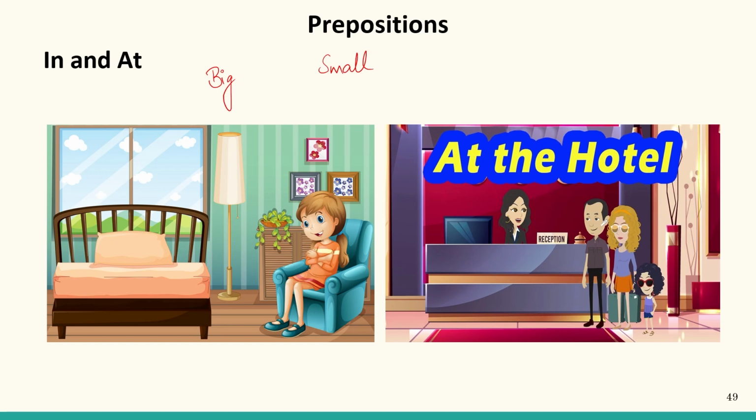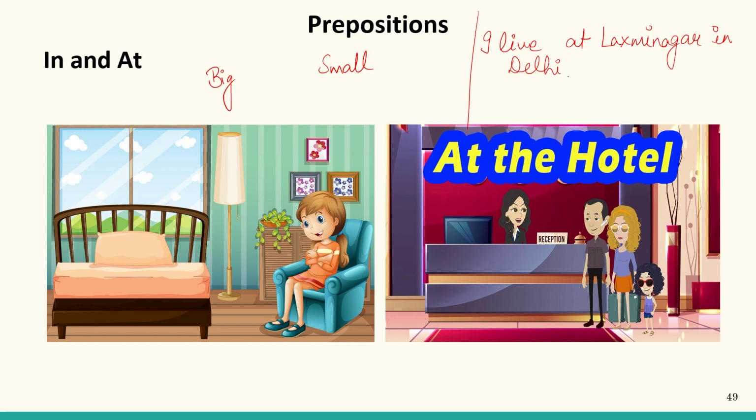In that case, for example, I can say, I live at Lakshmi Nagar in Delhi. Now, in this case, we have two places.